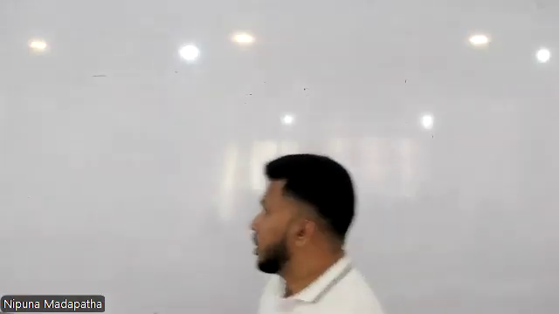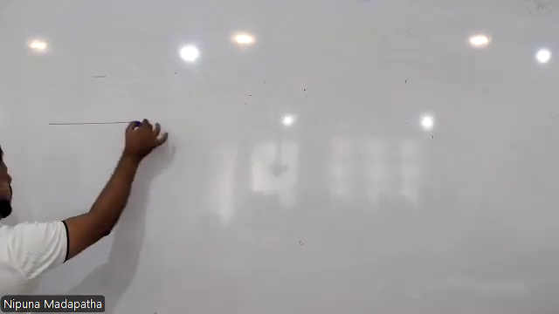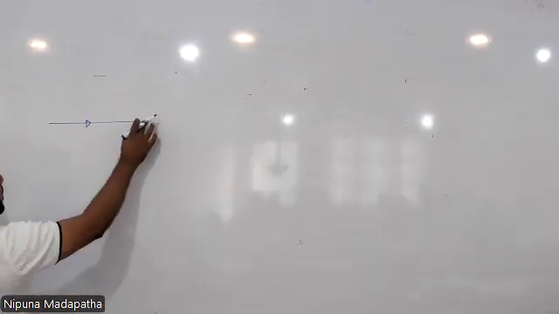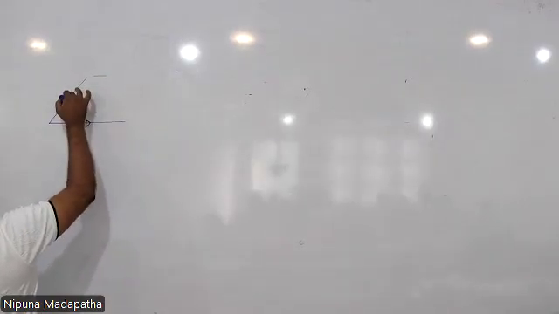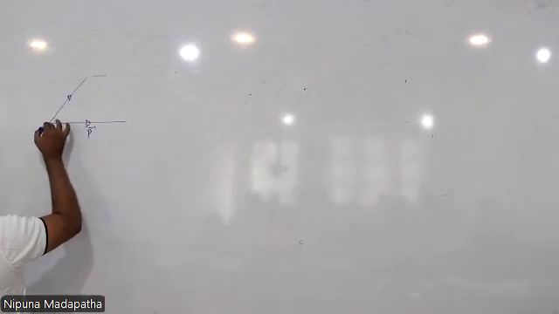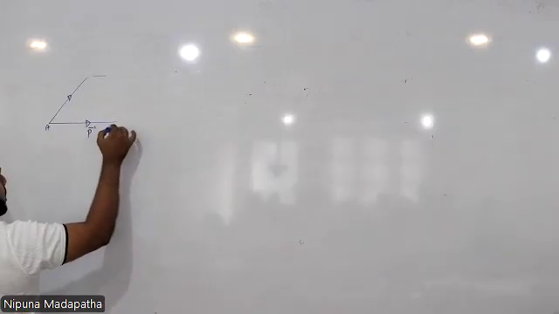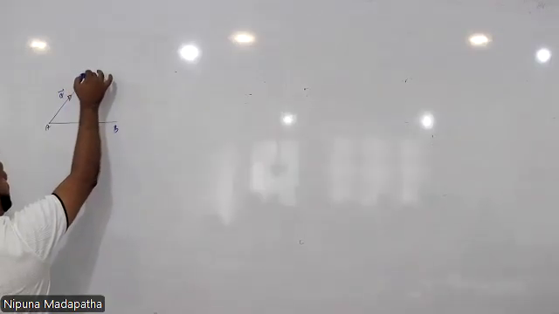So see how this will be done. Suppose we have two vectors P and Q, and the angle between the two vectors is theta. We represent vector P by the side AB and vector Q by the side AD.